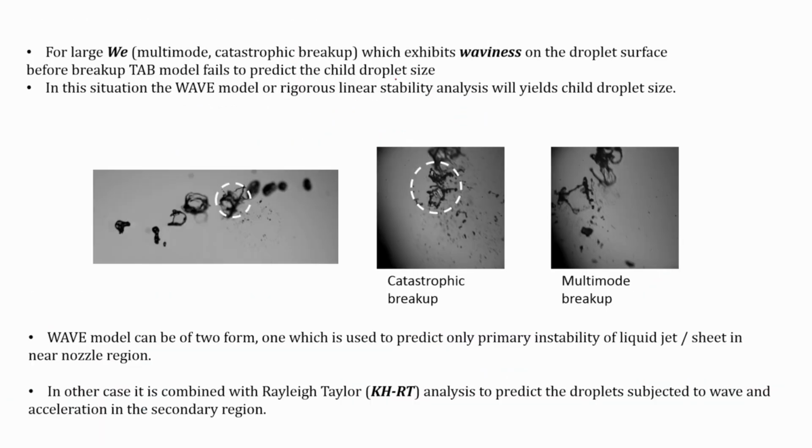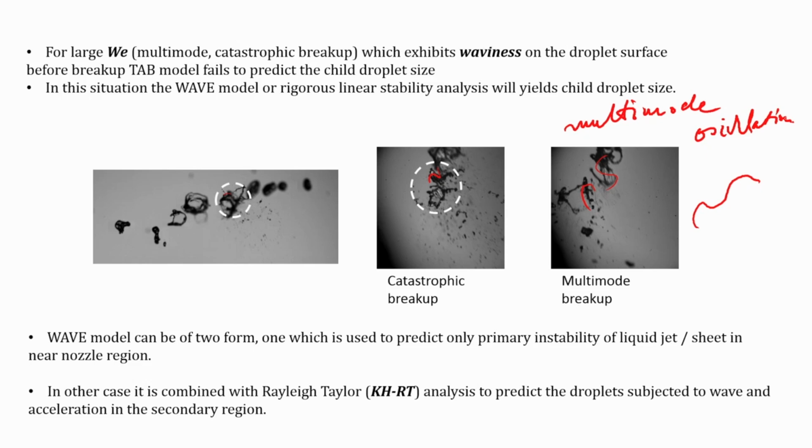For a higher Weber number case, if you look at this picture over here, you will always see that there is some degree of oscillation or periodicity within the droplet surface. So, it is basically a multi-mode oscillation, so to say, and that usually happens on the surface, as waviness on the surface.